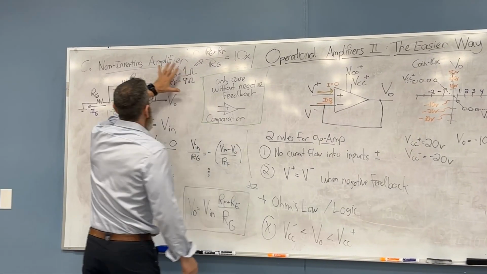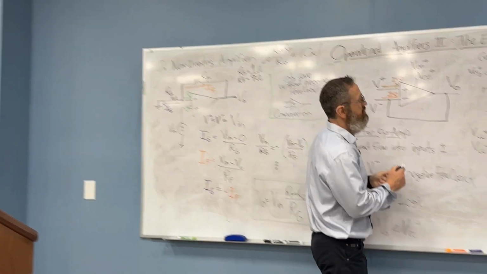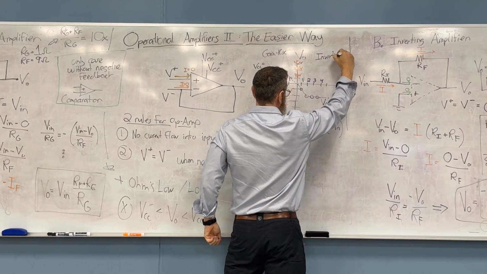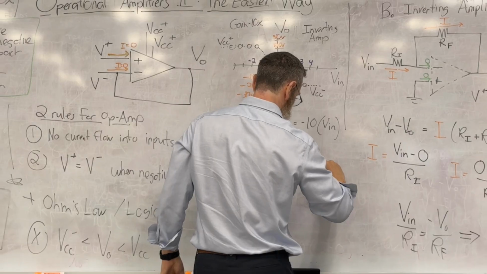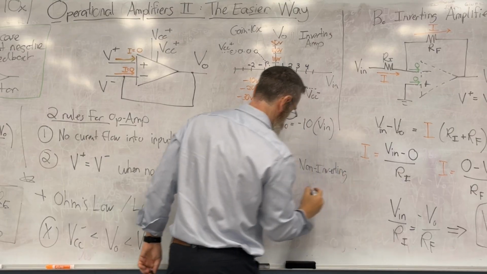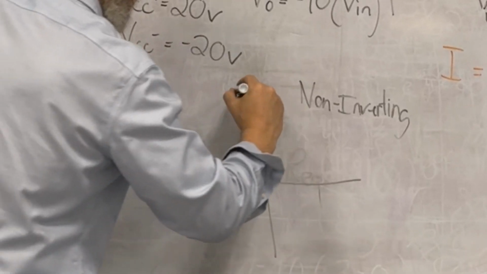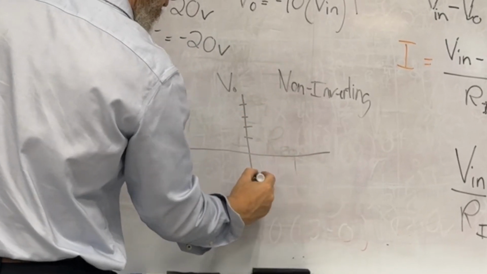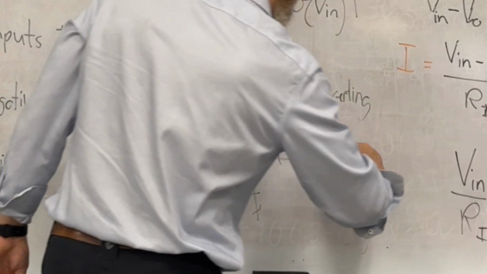If we were to draw the input-output for a non-inverting amplifier, I'll do it right here. So this is for an inverting. If I were to draw the input-output for a non-inverting, and I will make this less messy, I would once again have V out and V in.